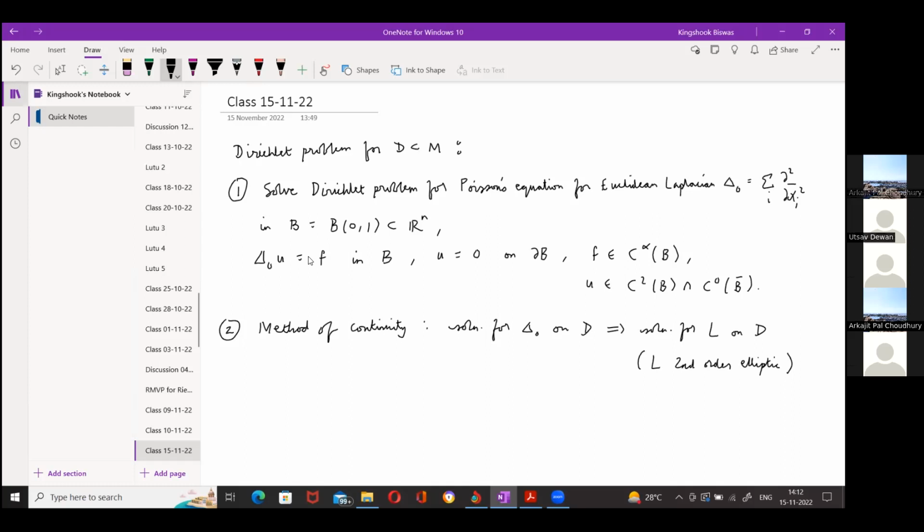Okay. So 1 and 2 together, this method of continuity together with part 1, implied part 3, the solution of the Dirichlet problem for a general elliptic operator on the unit ball.